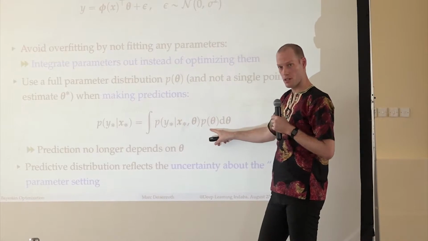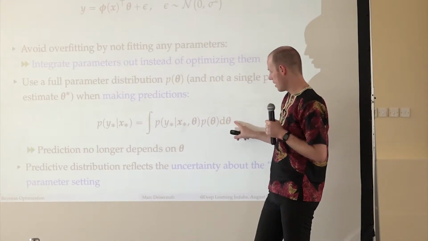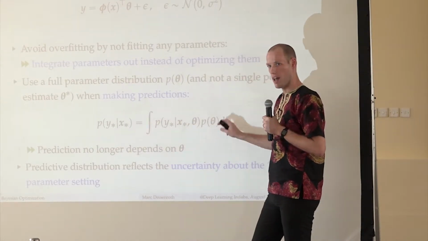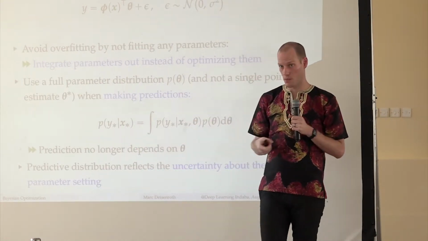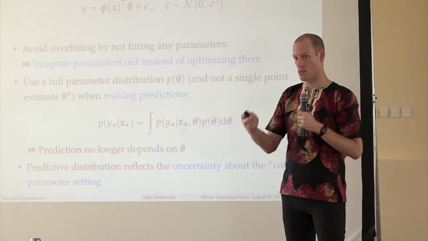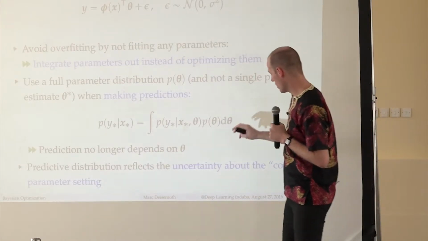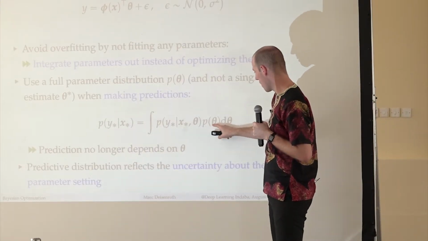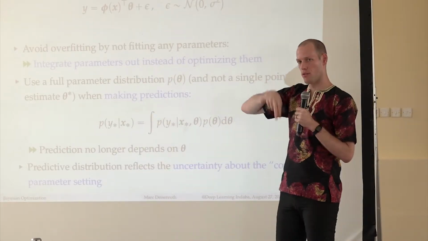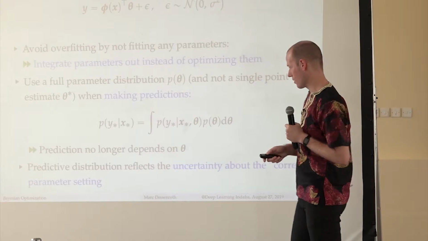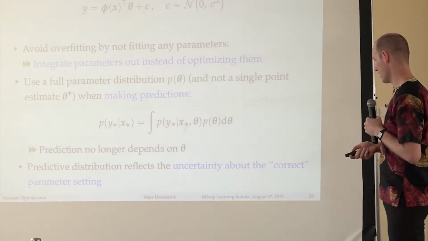And then we have this prior distribution on the parameters and integrate this out. So it's kind of like an average of the predictions that we would get with a maximum likelihood estimator or with a MAP estimator, depending on what this is. So this is an average over plausible predictions.